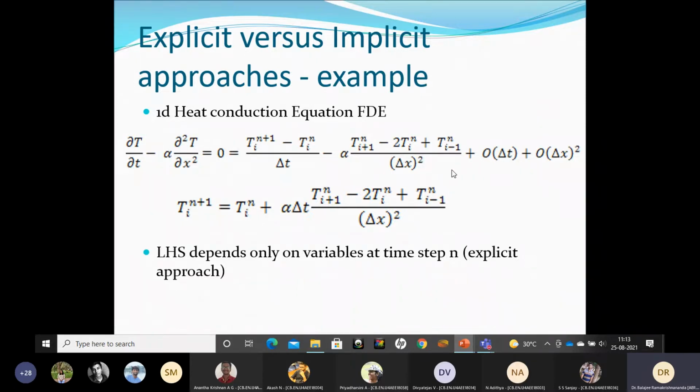At the n time step I would have known the values of T at i minus 1 and i plus 1. So this is an explicit approach where you know all the variables on the right hand side.